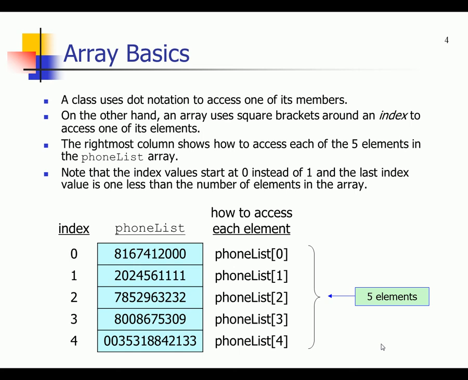So index 0 would be the 816 number, index 1 would be the 202 number, and so on. So 0 through 4 gives us our array, which is still 5 elements. The 5th element is actually index number 4, so don't try to access index number 5 because there is none.